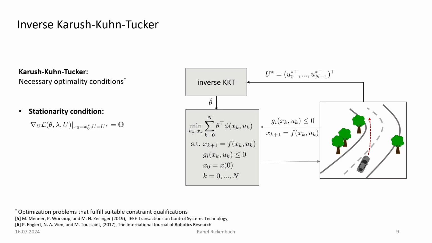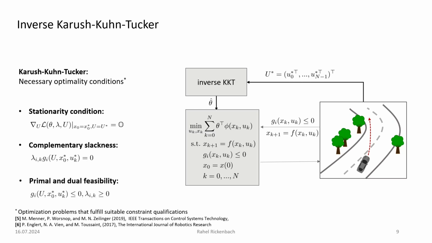They consist of the stationarity condition that sets the gradient of the Lagrangian equal to 0, the complementary slackness, making sure that our dual variable lambda multiplied with the corresponding inequality constraints evaluates to 0, and finally also primal and dual feasibility. When we work with an optimal demonstration, we can insert it in those conditions and solve for our unknown parameters theta and lambda.